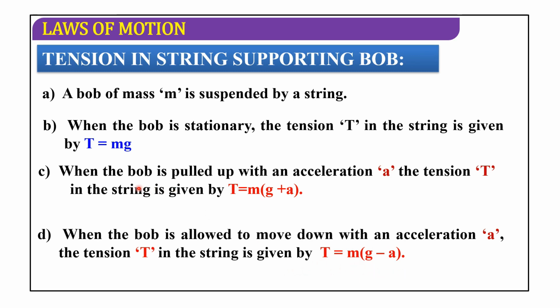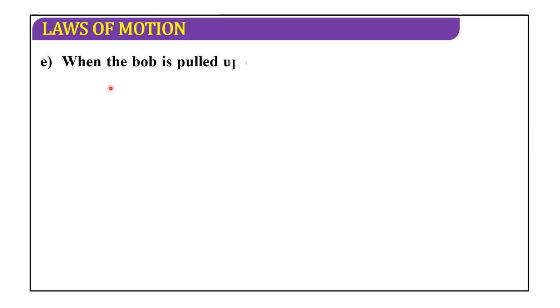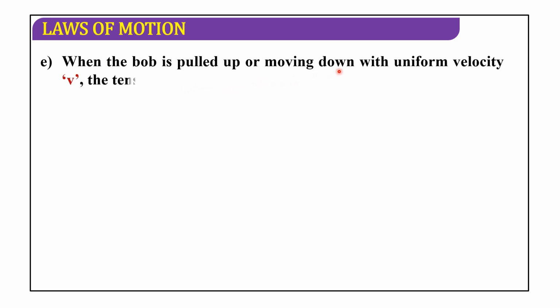Here when the bob is pulled up with an acceleration a, T equals m of g plus a. In the last situation, when the bob is allowed to move down with an acceleration a, the tension in the string is given by T equals m of g minus a. Next one, when the bob is pulled up or moving down with uniform velocity v, the tension T in the string is given by T equals mg.